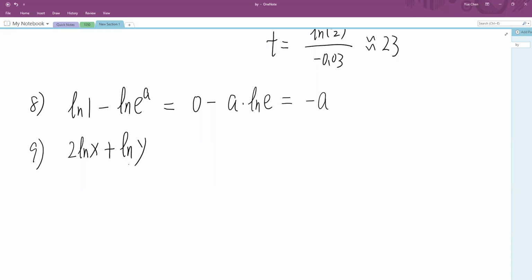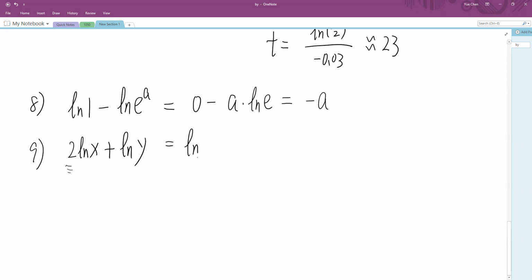So the first thing is you cannot combine these two natural logs directly. The reason is we have a coefficient 2 here. We need to bring this coefficient inside the natural log, right?